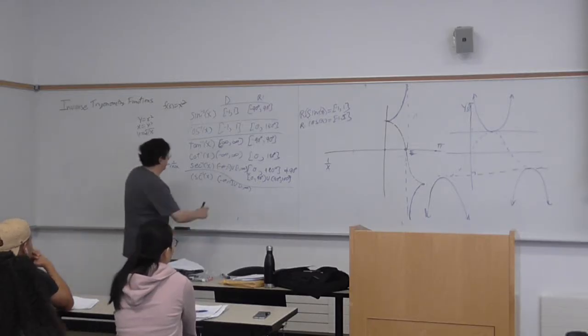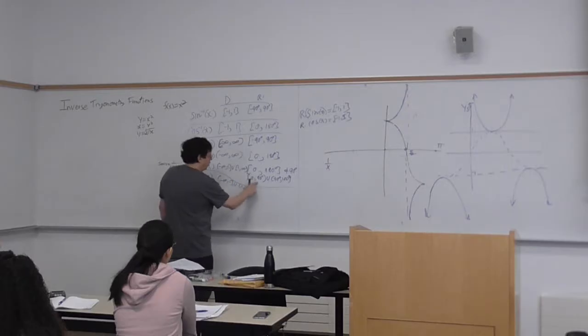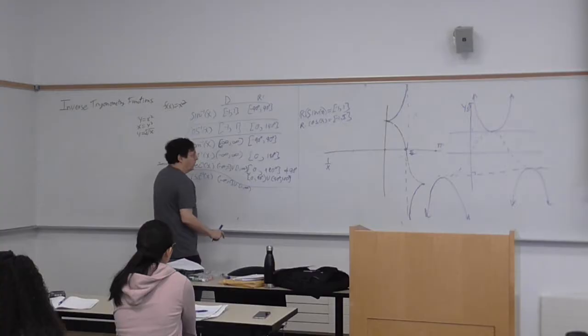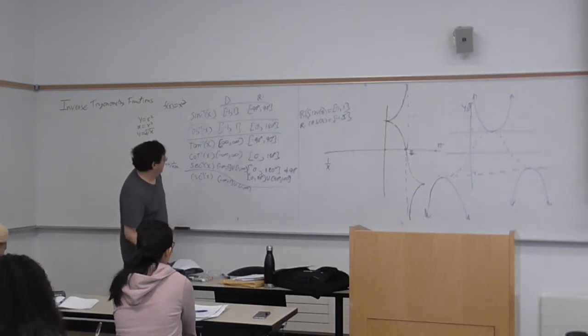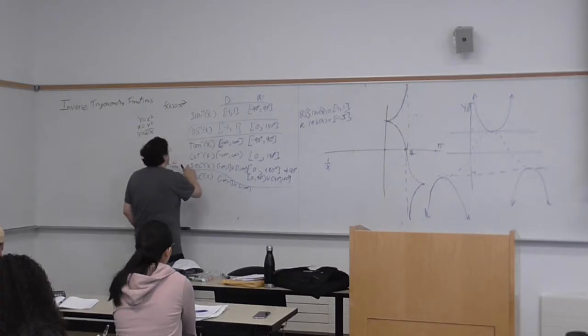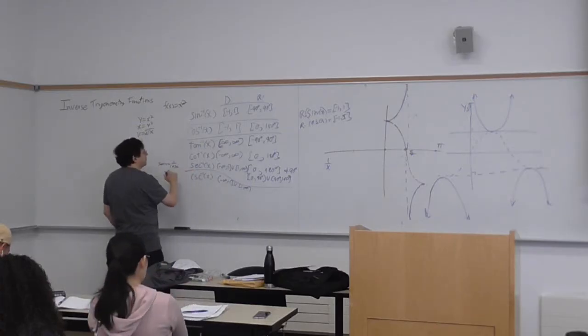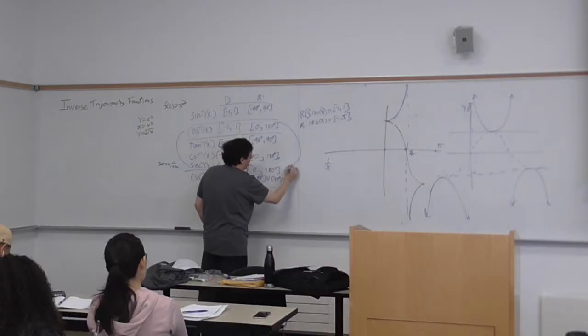Okay, so, all right, we've got almost everything here. Secant, these both have the same domain. What's the range? Well, we're going to cheat here. You take a look. The secant and the cosecant are reciprocals, right? And they just so happen to have the same range.